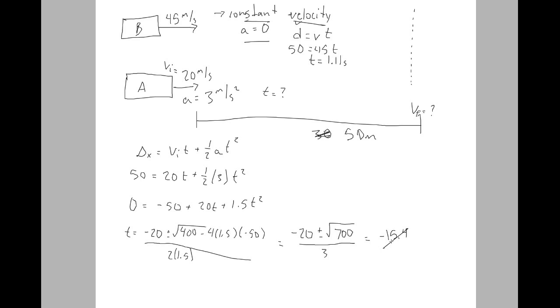So what I need to do is negative 20 plus the square root of 700, and then all of that divided by 3. That gives me a total time of 2.15 seconds. So as you can see, car B gets there much faster than car A, even though it's not accelerating, because it has such a higher initial velocity.